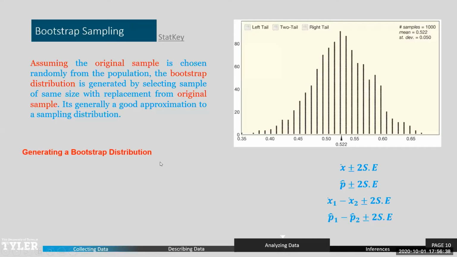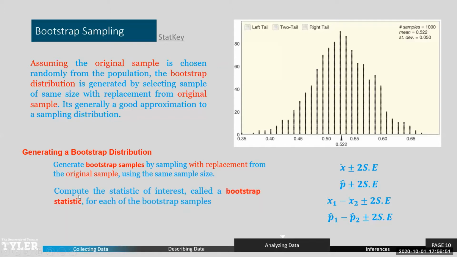Generating a bootstrap distribution. First step, generate bootstrap samples by sampling with replacement from the original sample using the same sample size. Then compute the statistic of interest. Let's consider that we are interested in the average, and we'll use the arithmetic mean as the statistic. That statistic will be called the bootstrap statistic.